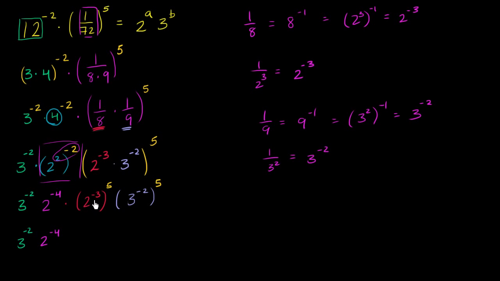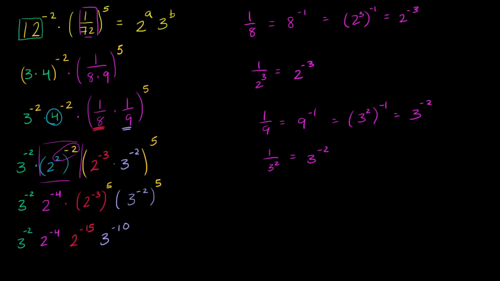And now what is this? 2 to the negative 3 to the 5th, and then that raised to the 5th. Well, we multiply these two exponents. That's going to be 2 to the negative 15 times 2 to the negative 15th power. And then what is this going to be? Negative 2 times 5 is negative 10. So this is going to be 3 to the negative 10th power.